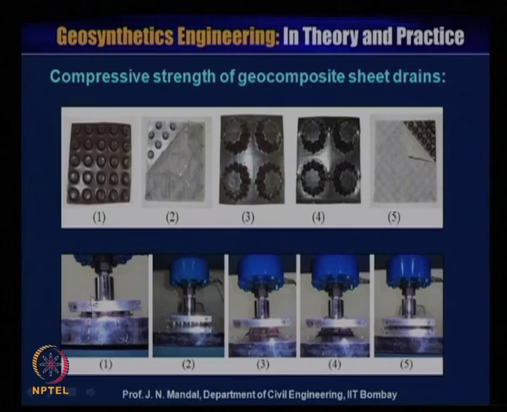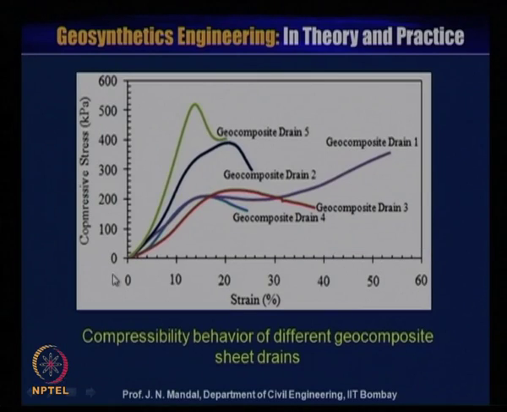So here you can see how the geocomposite material has been kept, and then you apply the load to determine the compressive strength. So we have performed the test, and then we obtained the test results.